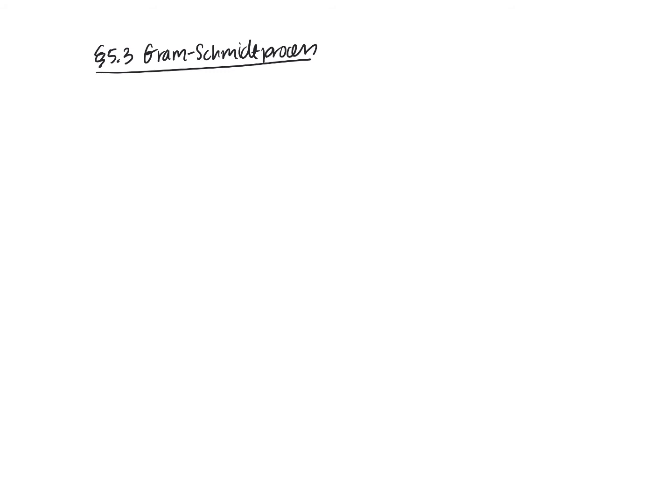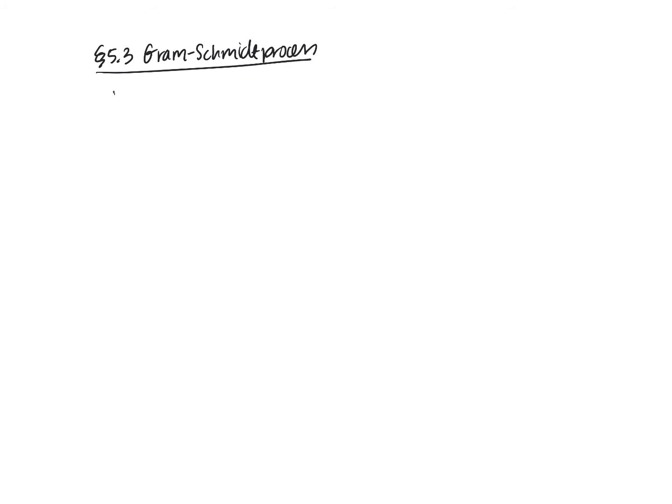The other thing that we saw in section 5.1 is that sometimes it's even better to not only be orthogonal, meeting at right angles, but also for all of those vectors to be unit vectors. That is called an orthonormal basis. We'll be talking about both of those things with this Schmidt process.